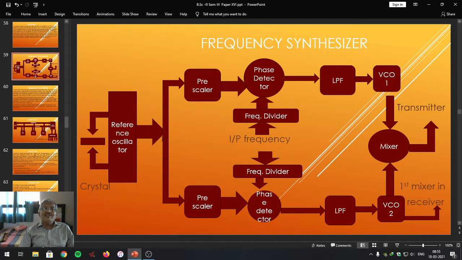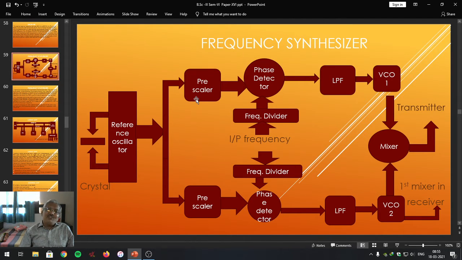This stable frequency is given to the prescaler. We are well aware, as we have studied in basic part 2, that a prescaler is the block used to divide the input frequency provided to it.